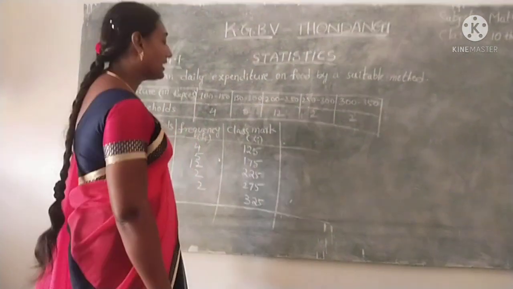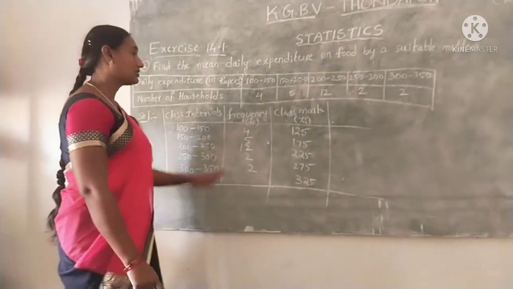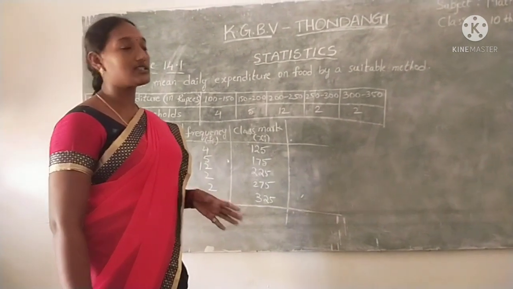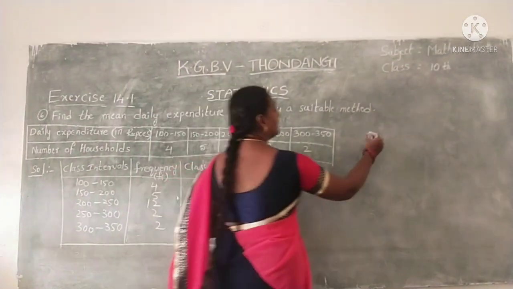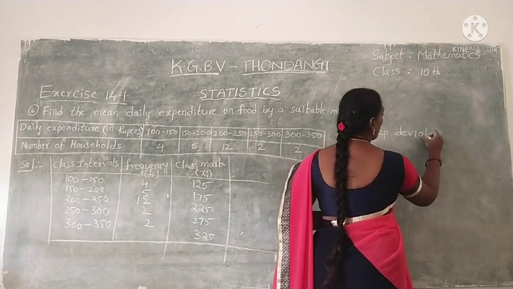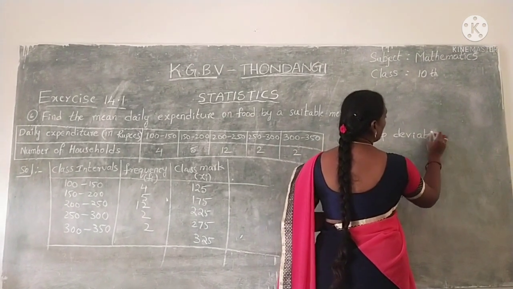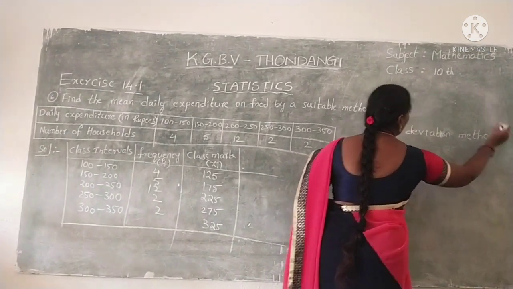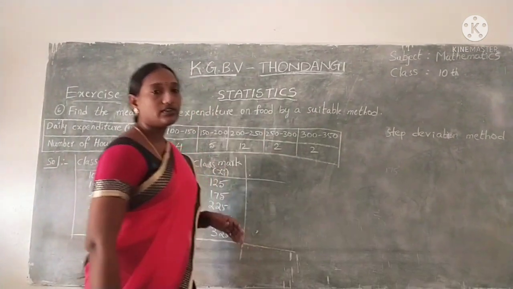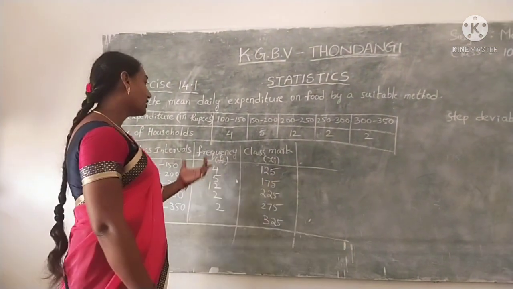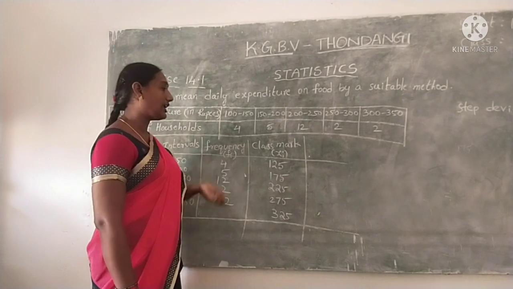So to avoid mistakes, we can use a suitable method, that means the step deviation method. We solve this problem by using the step deviation method because it is the easiest method to avoid mistakes when finding the mean value.